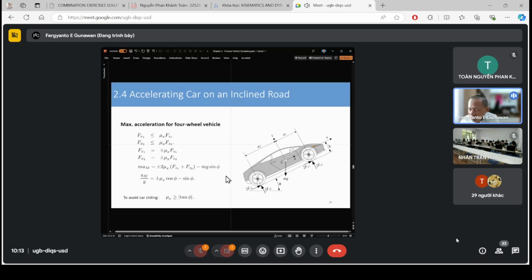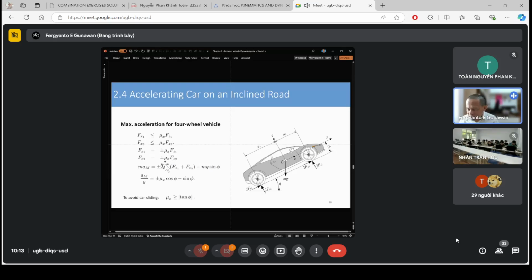So now let us also discuss the maximum accelerations for the four-wheel vehicle. The force produced by the engine should be less than the friction force, right? The same thing is also applicable for the front wheel and the rear wheel. So in total, the maximum force should not exceed the friction force.